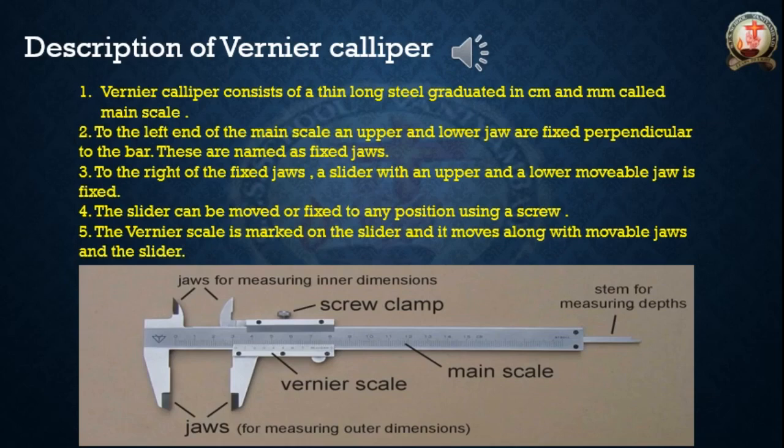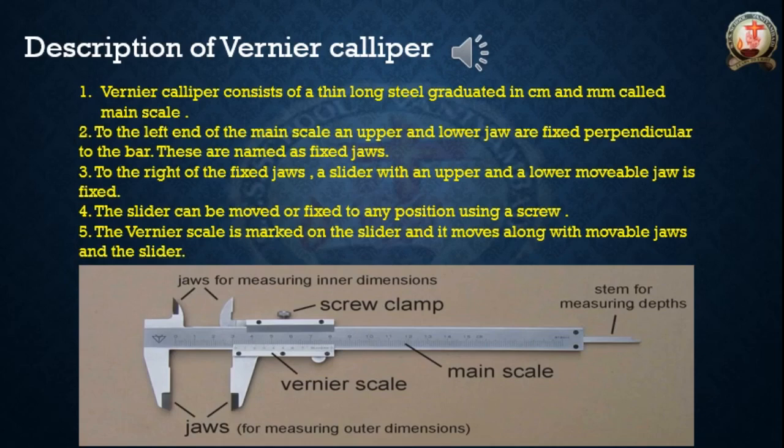Whatever you are seeing, you can observe that metal, what is that? Steel only. So vernier caliper consists of a thin long steel bar graduated in centimeter and millimeter called main scale. On the main scale, what are the readings? 0 to 1, that is 1 centimeter. 1 to 2, that is also 1 centimeter. So on the main scale the readings are in centimeters: 0, 1, 2, 3.